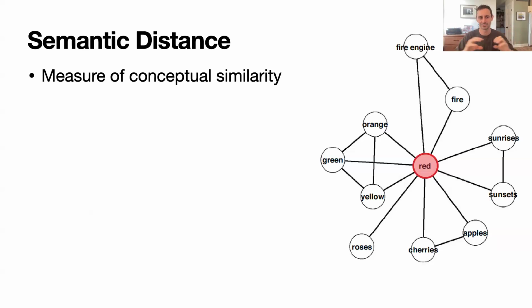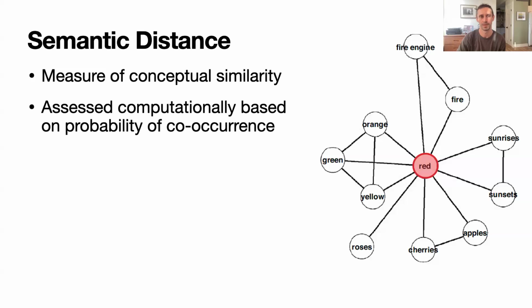And in this semantic space, the closer two concepts are to each other, the more conceptually similar they are. And the more semantically unrelated or conceptually dissimilar they are, the more distant they're represented in this network. And we can assess this based on the probability of two words co-occurring within a given text. And by using a large corpus of text, we can quantify the semantic similarity and thus the semantic distance between any two words.